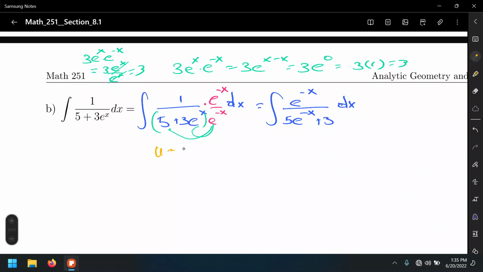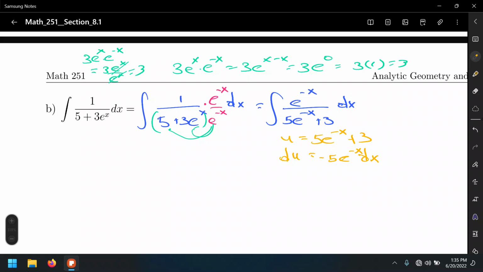So u equals 5 e to the negative x plus 3. du will be itself 5 e to the negative x, but in this case we need a negative, and dx.